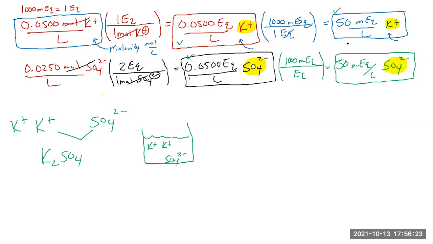So if you calculate equivalents per liter or milliequivalents per liter for a solution, the positive ions and the negative ions should always end up being the same concentration, because it's really based on the charge. And the idea of an ionic compound is we put it together to balance out the charge, which means we should technically have the same charge concentration for each of the ions that are floating around. Any questions on that one there?